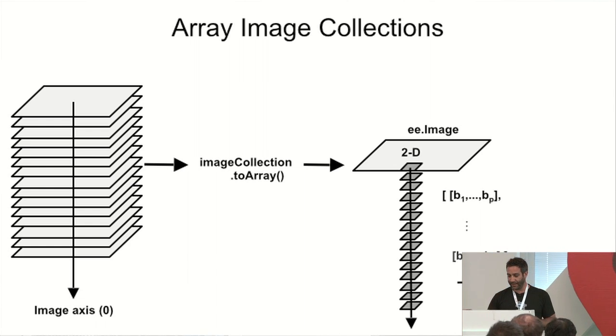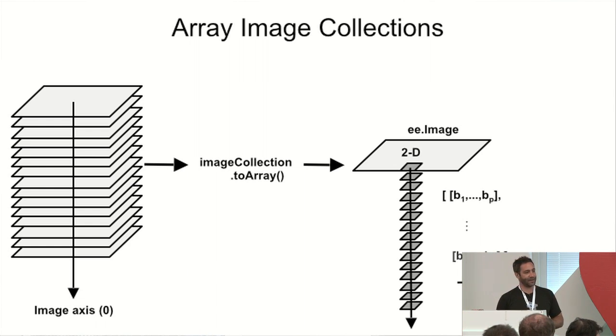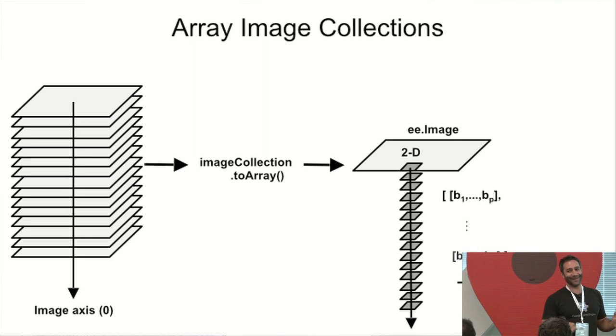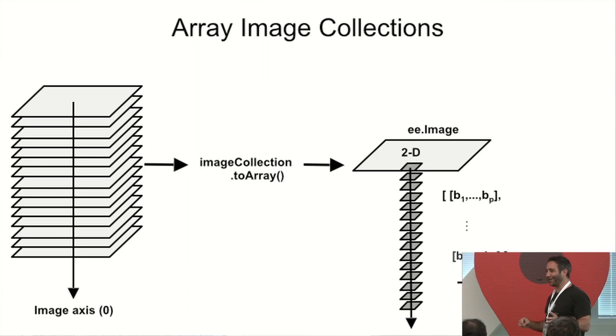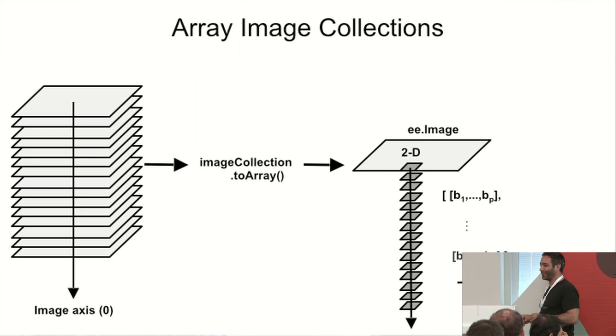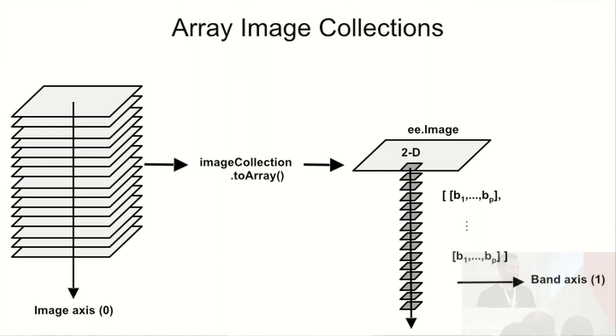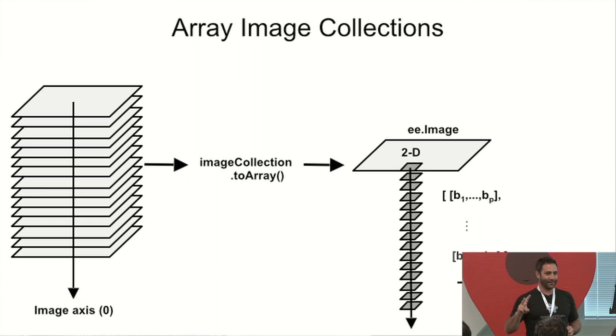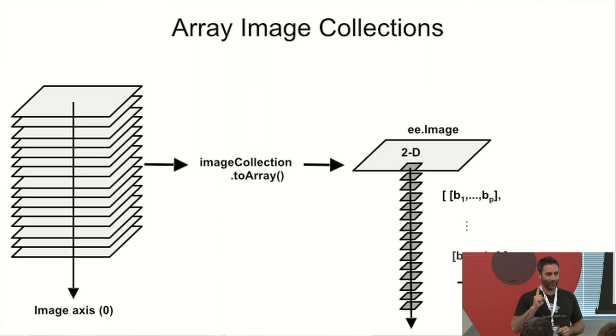So in each pixel, you get a list of lists, and each one of those little lists stores the band values for that particular time. Each band value itself is an array of length 1. Each pixel stores a two-dimensional array with n images and p bands.